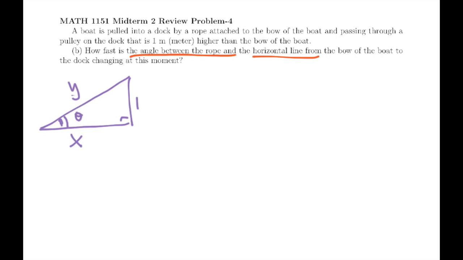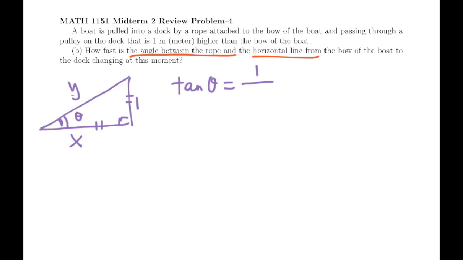Okay, so by using your knowledge of trigonometry, we know that tangent of theta is equal to its opposite, that is 1, divided by its adjacent, that is x.